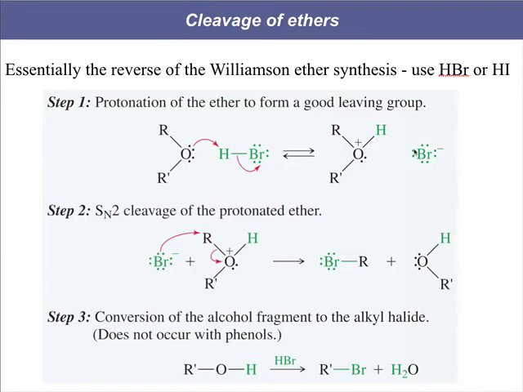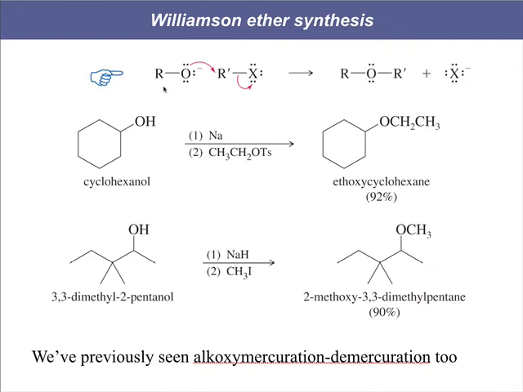What happens next is the bromide that we just displaced comes back and attacks one of the R groups and displaces the alcohol, in this case R prime OH. That gets us ROH and RBr. If you go back and look at the Williamson ether synthesis, here was our ROH. ROH could be deprotonated to be RO minus.